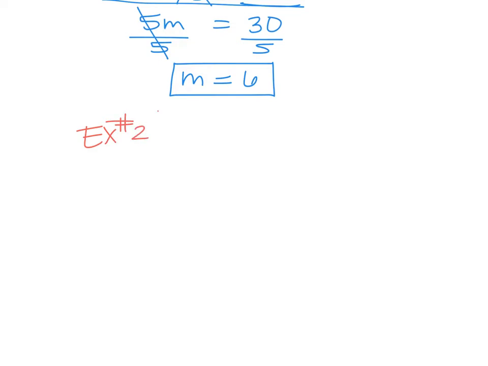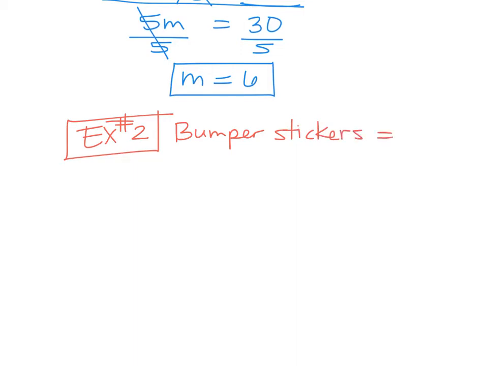All right, second example. This one is a word problem. It says Martha buys t-shirts and bumper stickers for her niece and nephew. Okay. I'm going to tell you bumper stickers cost $1 each.